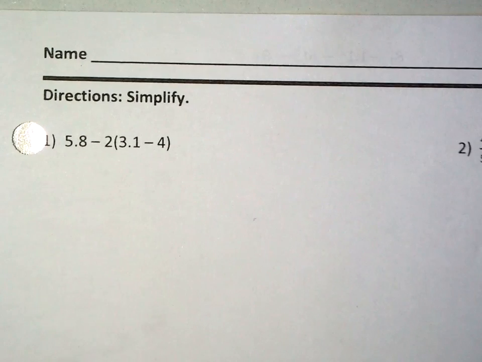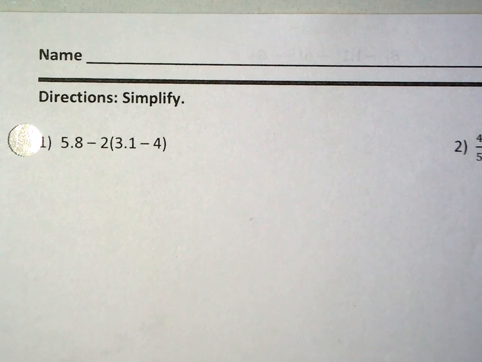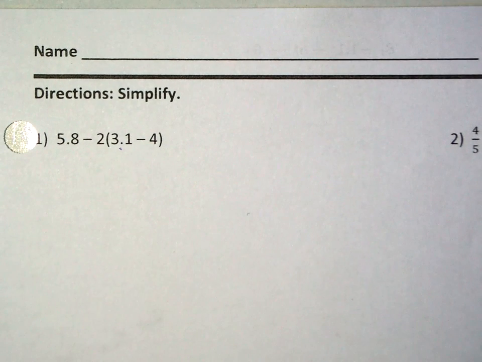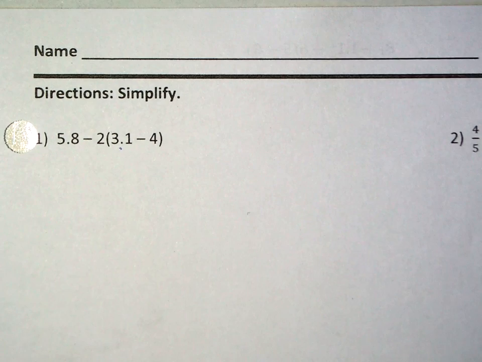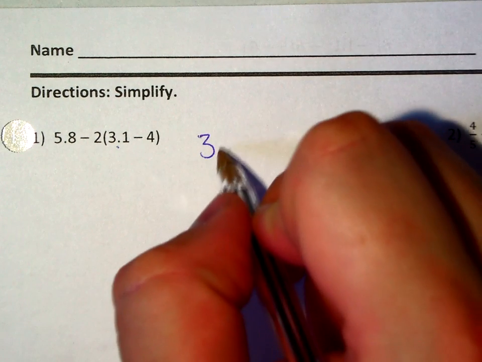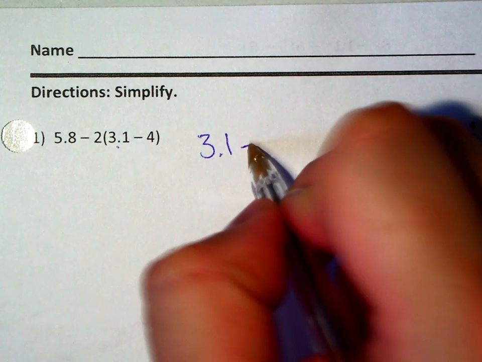So looking at problem 1, we had quite a few things going on here. First, we had something inside our parentheses, and since parentheses is first in our PEMDAS order of operations, I'm going to deal with that. 3.1 minus 4.